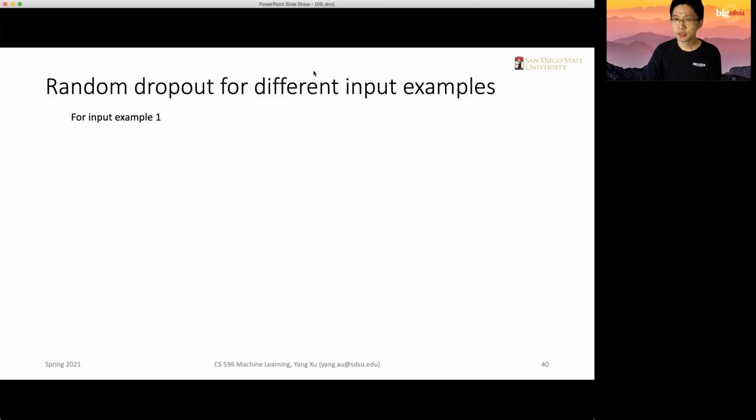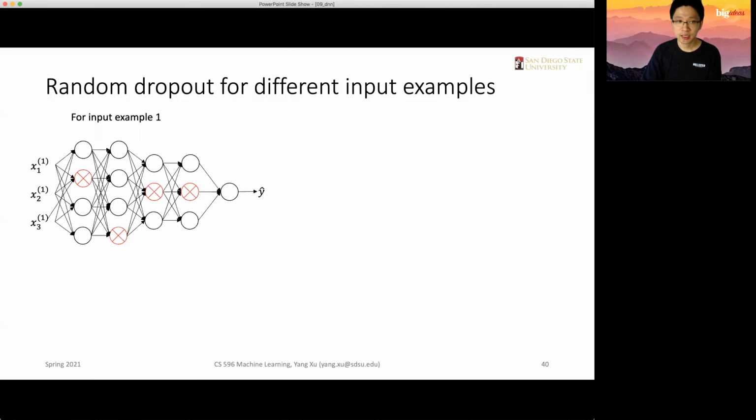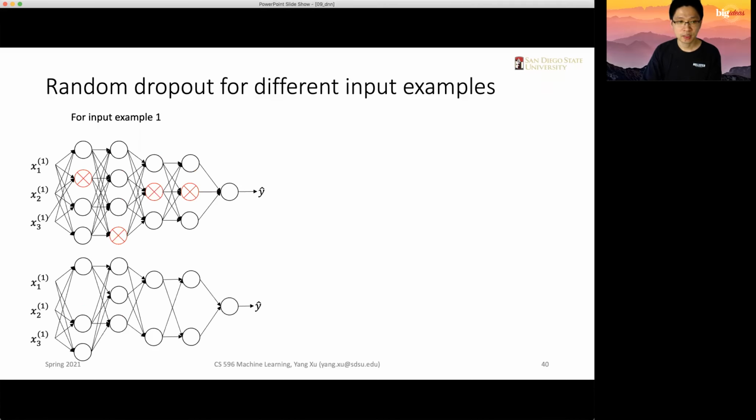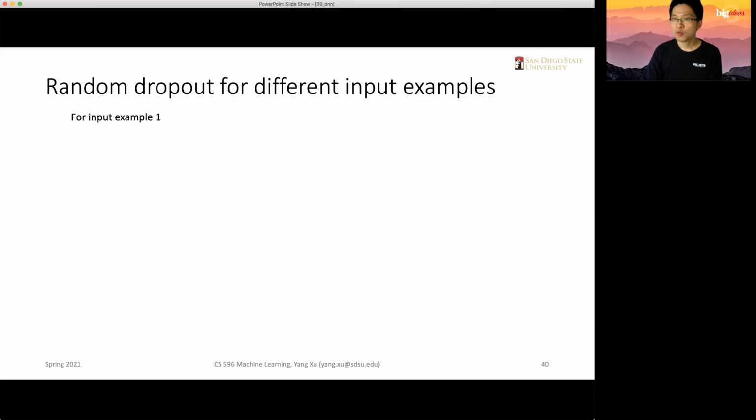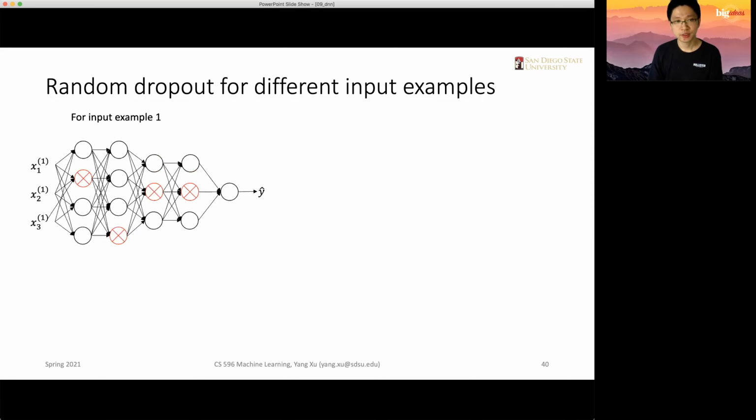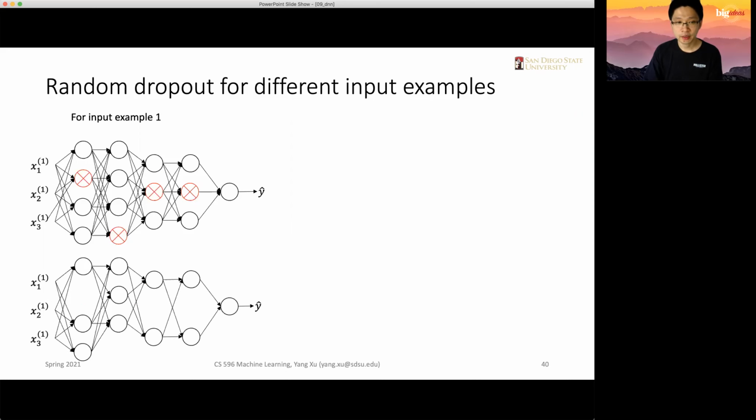Before we look into the results, let's first look at how in practice this is going to affect our outputs. For different input examples, we're going to drop out different units. Like for input example 1, we're going to drop out those red units.